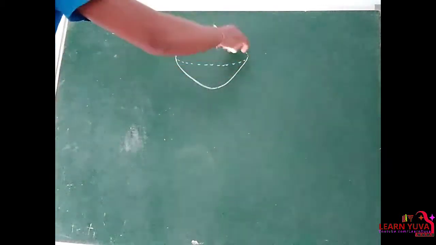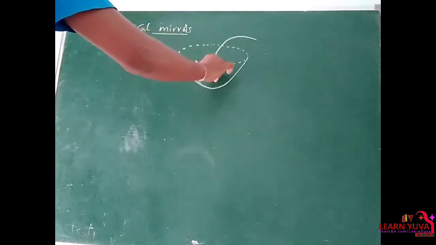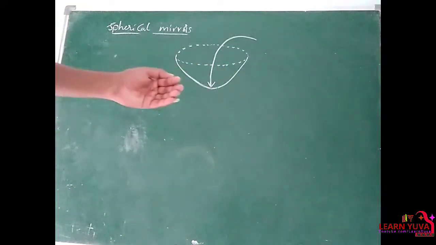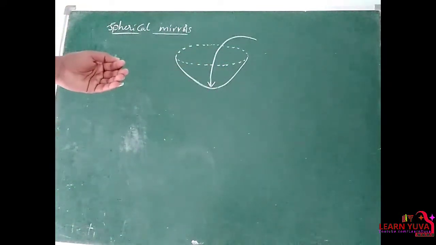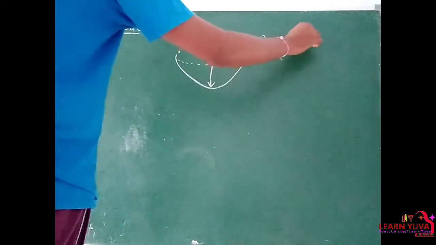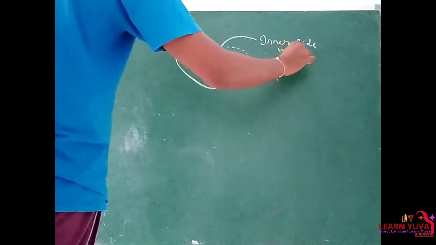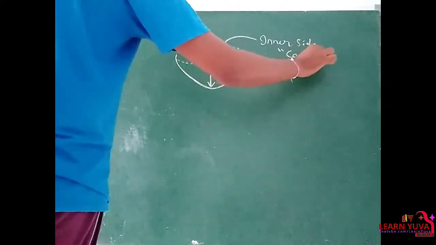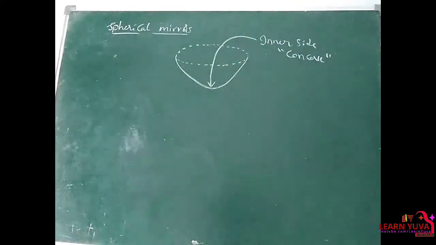Viewing this object from inside, it looks like a cave. So the inner side is called a concave mirror. That means the inner side is acting as a reflecting surface.